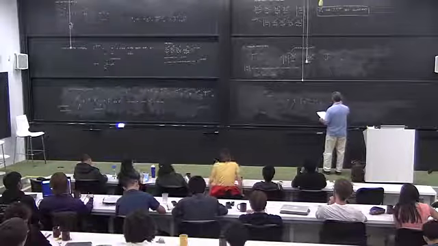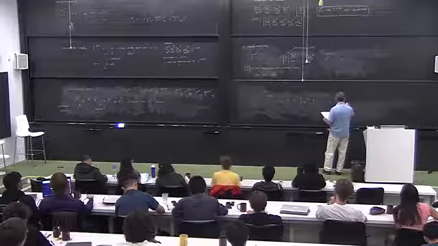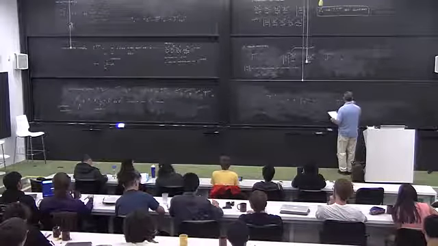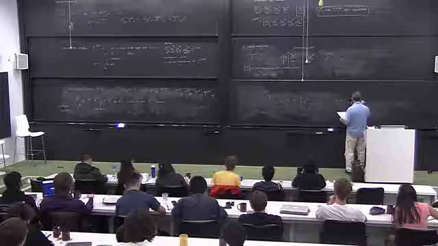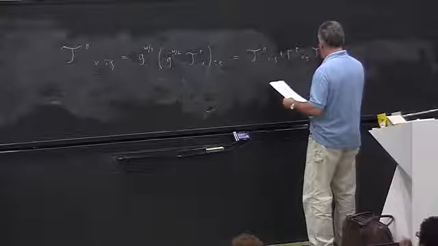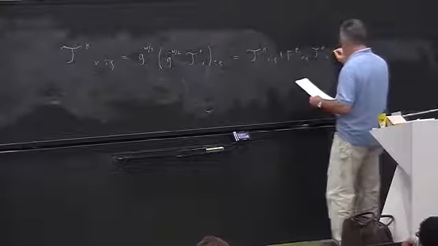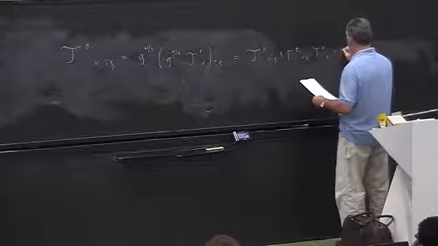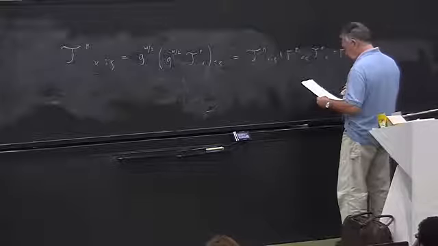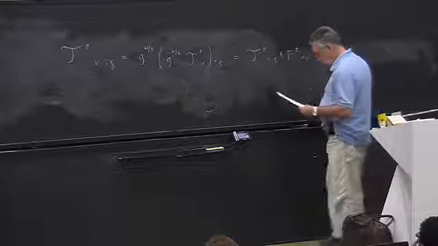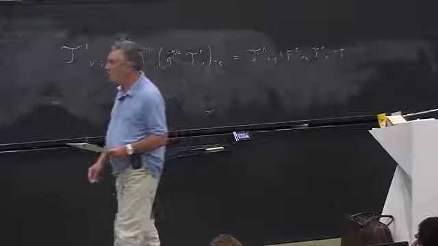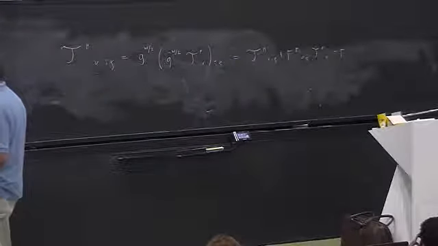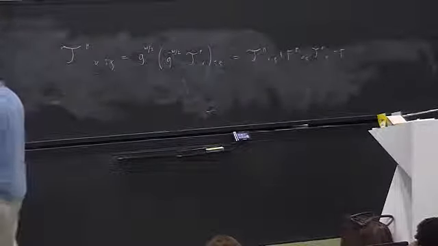This equals T^μν comma ρ plus Γ^μ_σρ T^σν minus Γ^ν_σρ T^μσ. Yeah, I got the minus sign.